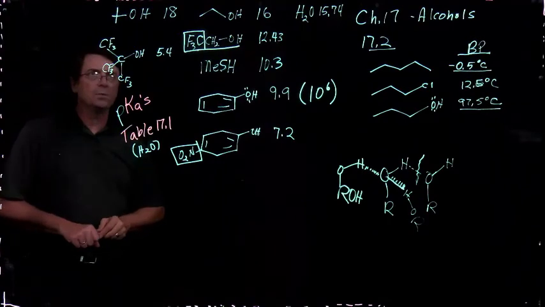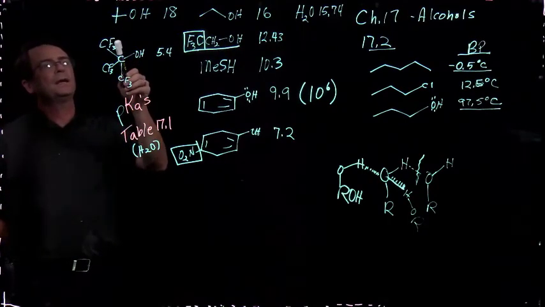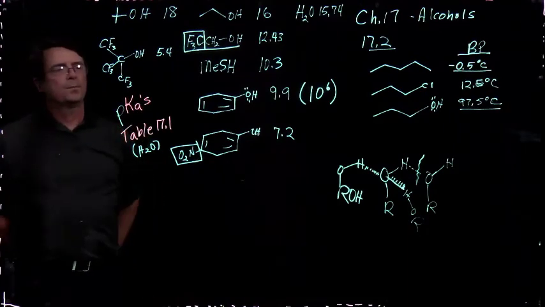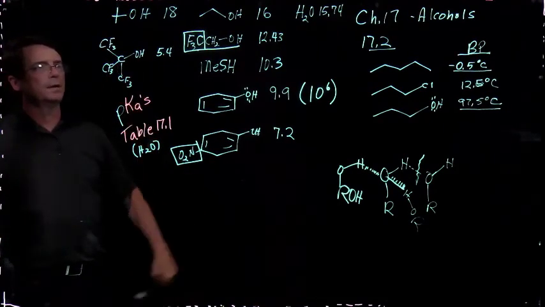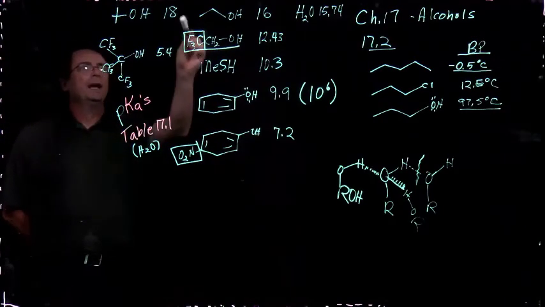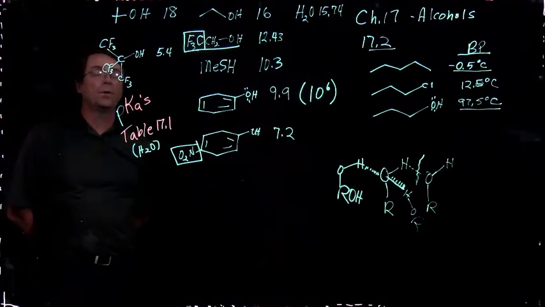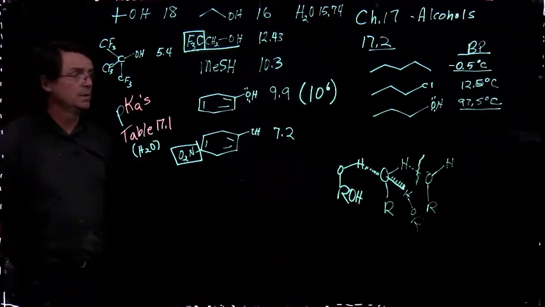And then one final one here, this is maybe more for fun than anything else. If we make the perfluoro-t-butanol, that is, we fluorinate in all the hydrogen positions, and look at the acidity, we go from 18 to 5.4. That's a difference of 12.2.